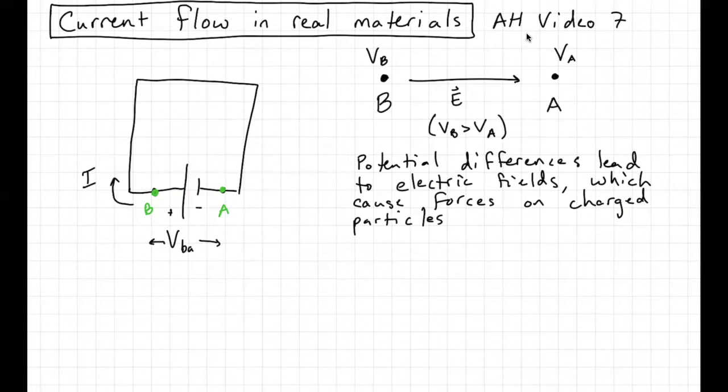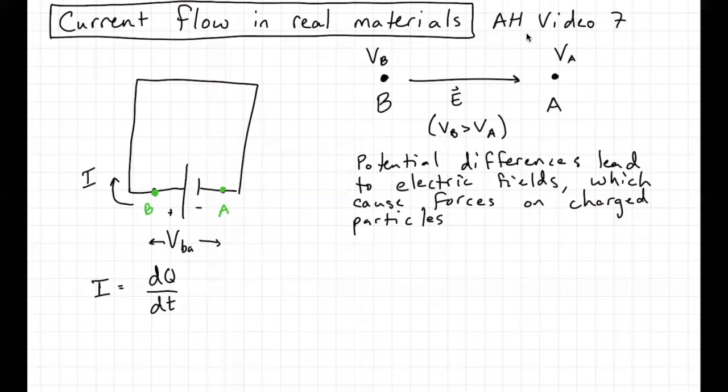So if current is a measure of how quickly charge is moving, and to an extent it is, so current is the rate of change of charge, or the rate of flow of charge. And you might expect that if charge feels a force in this circuit, that charge will accelerate.